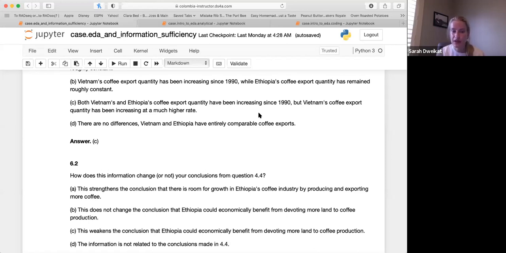C, this weakens the conclusion that Ethiopia could economically benefit from devoting more land to coffee production. Or D, the information is not related to the conclusions. So thinking about, I don't really agree that it's question 4.4, but thinking about our conclusions about the comparisons that we made about whether or not we could compare Ethiopia to Vietnam.